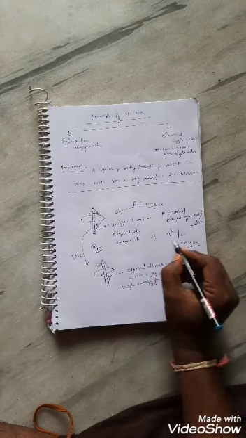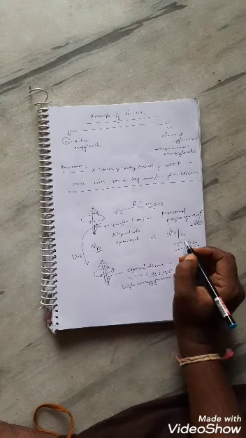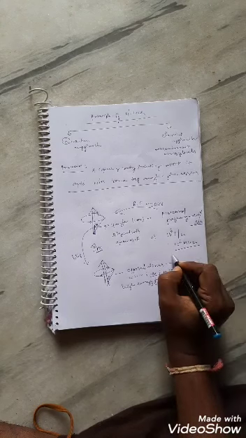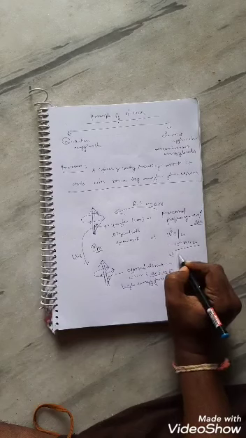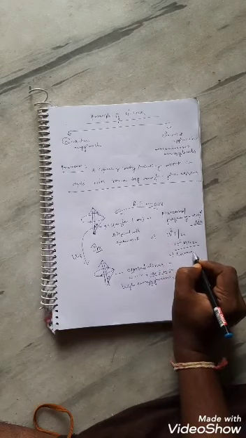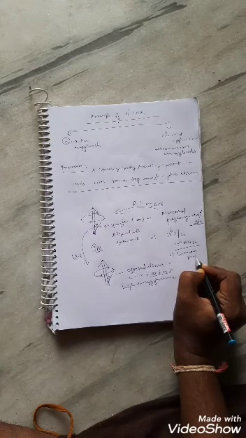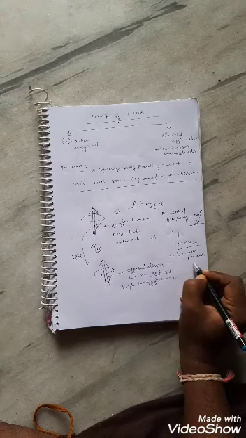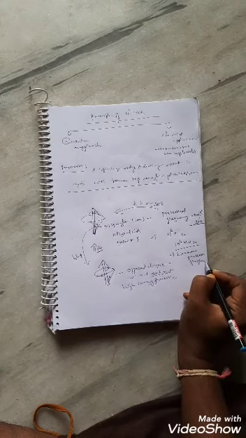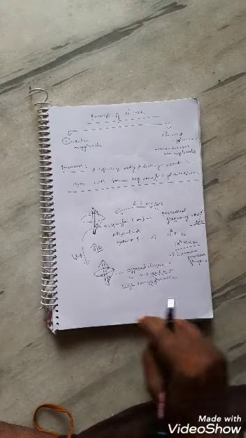So this precession frequency is also called the Larmor precessional frequency.